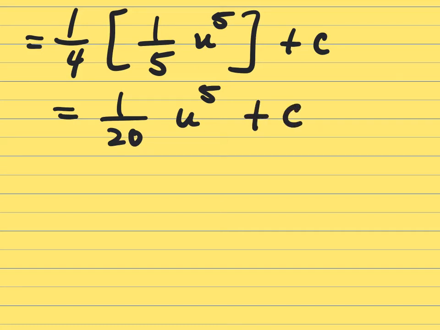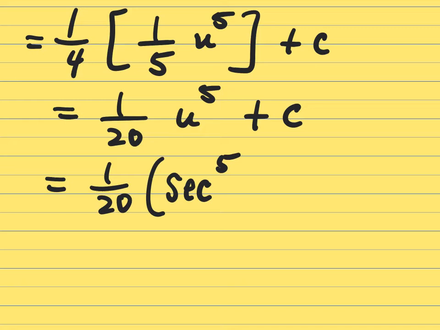And from our substitute, we can replace the u with secant of 4x. And remember, it's totally fine to put the 5 there. If you want to put the 5 outside the parentheses, that's just as good. No worries.